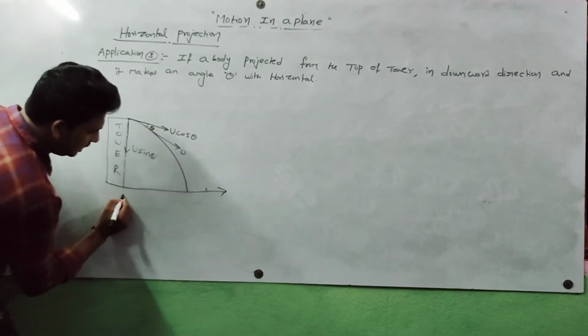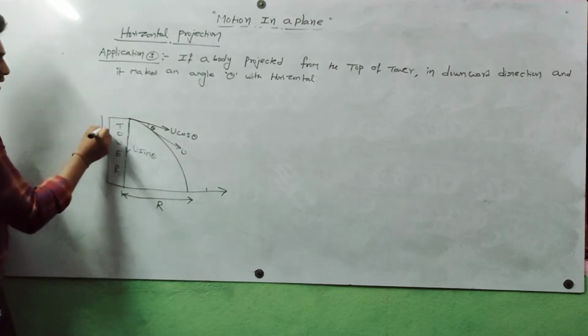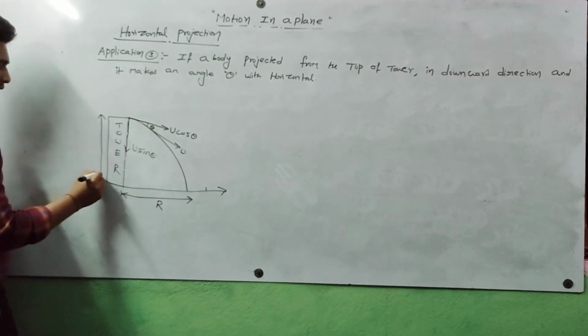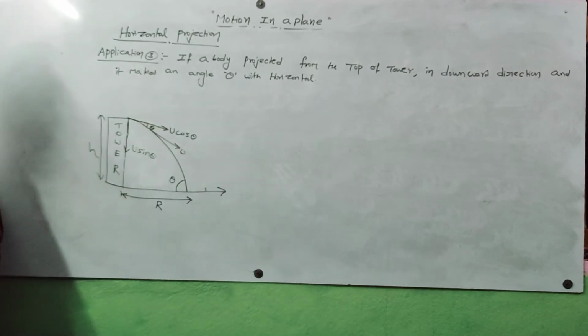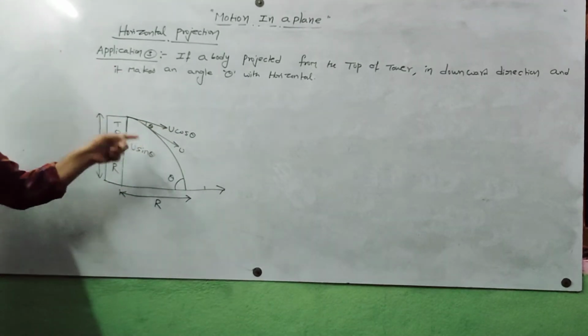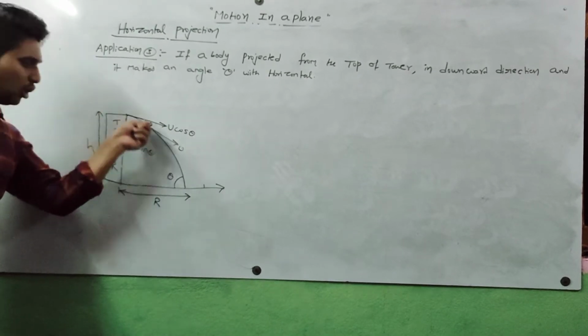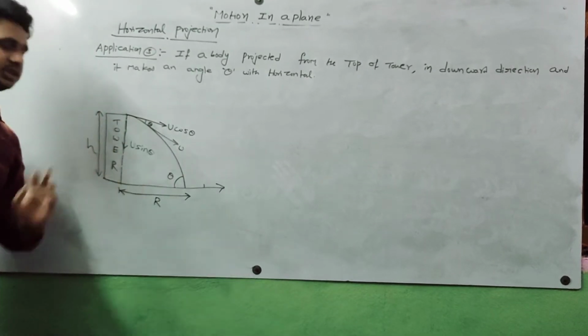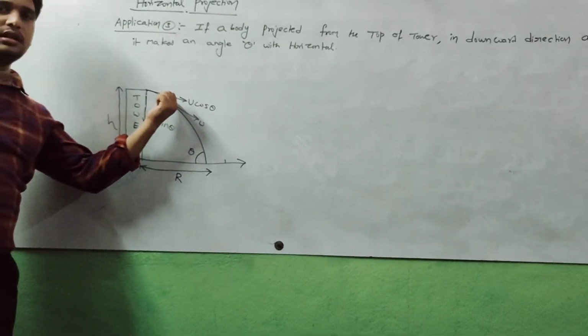So this is nothing but the range R. This is the height of the tower h. This is the striking angle theta. So here the body is projected from the top of the tower in a downward direction with velocity u, making an angle theta with the horizontal.